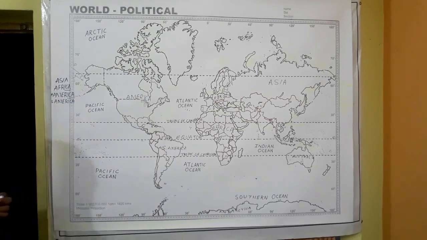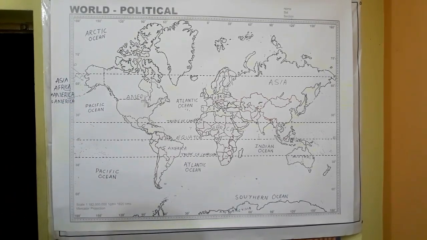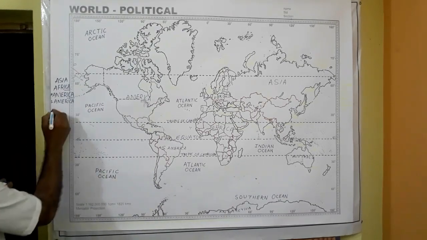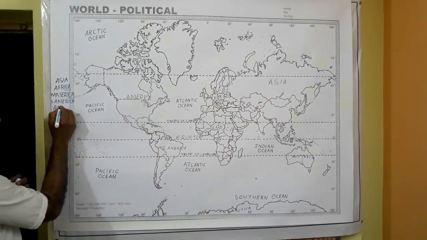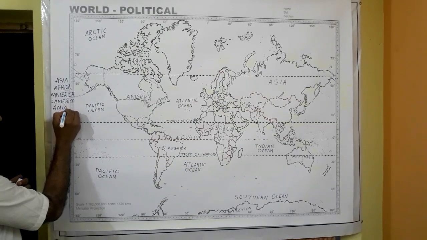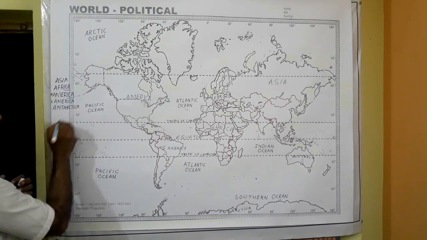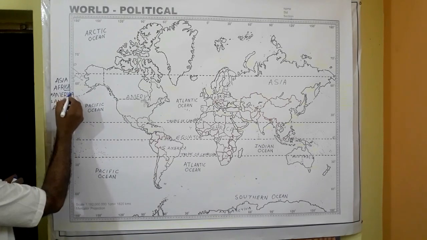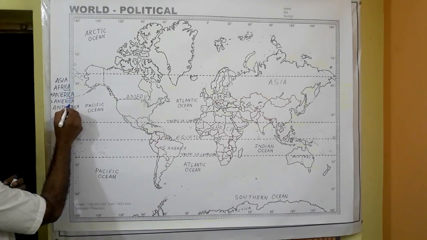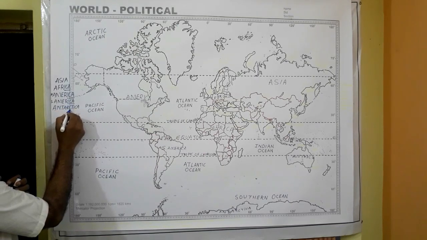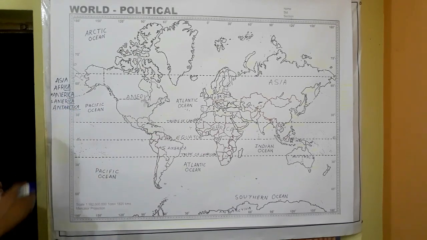Okay, right. The next one is, 4 continents we have completed. Now the fifth one is Antarctica. You see, Antarctica again ends with ICA. So Africa, America, Antarctica, all are ending with ICA.